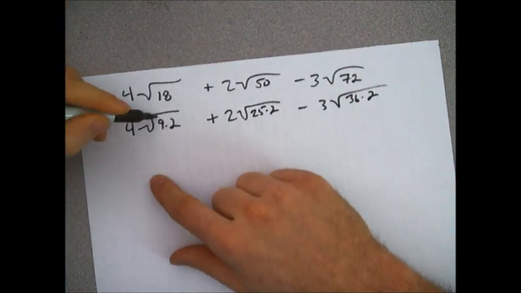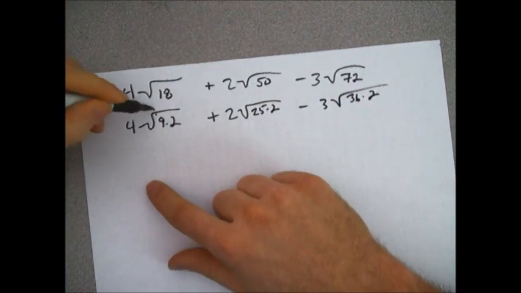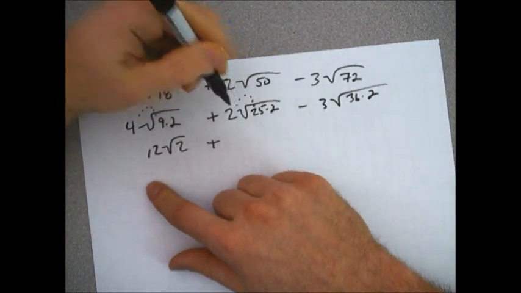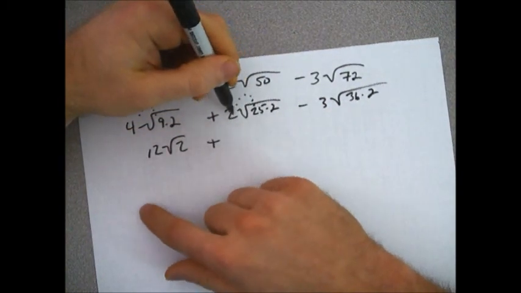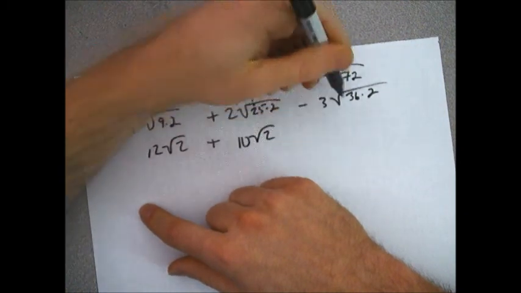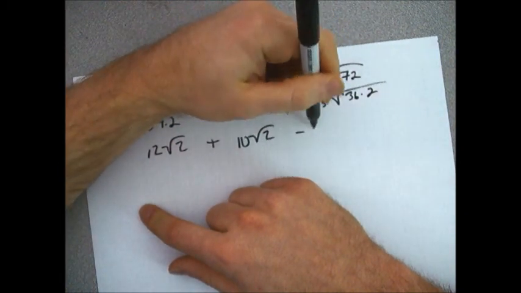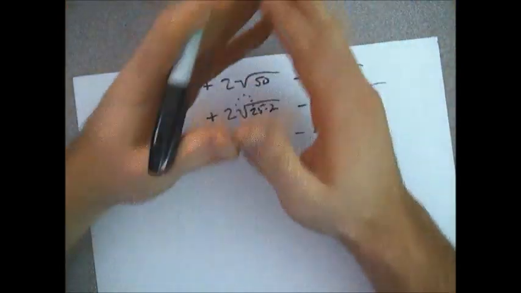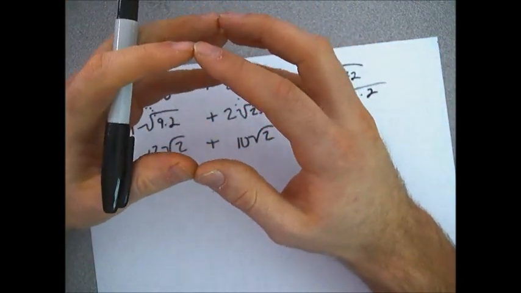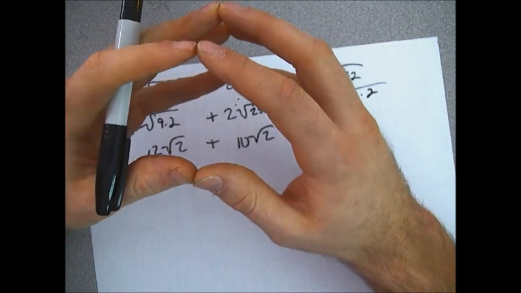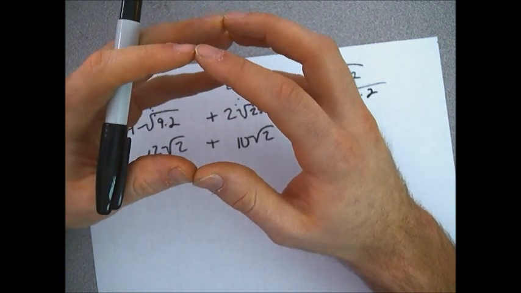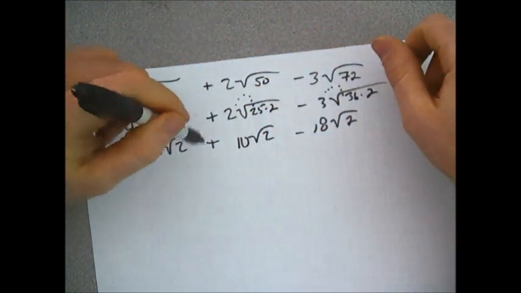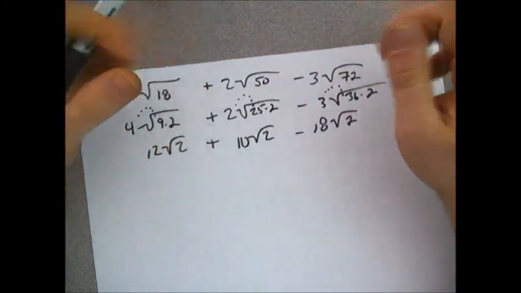Okay. Square root of 9 is 3 times 4 is 12 radical 2, plus the 5 from the 25 times 2 is a 10, and this one is a 6 times 3 is 18. Now we have all the radicals the same, right? Because to add and subtract radicals, what are the 2 rules? The index number has to be the same, and so does the number underneath. So you need the same number under the radical, and they have to all be square roots or all be cube roots.